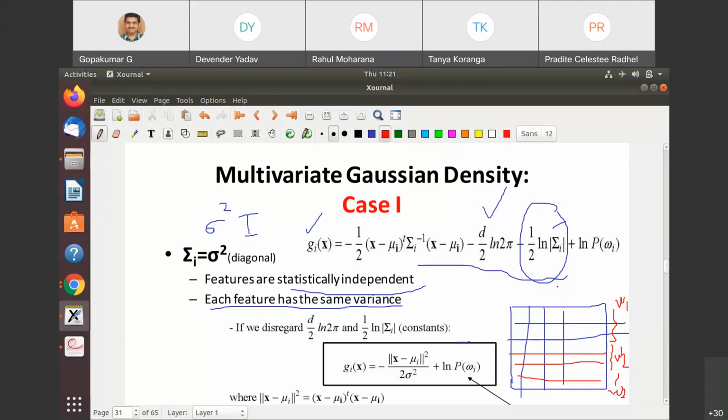In this particular case sigma is sigma square into I of this form, so this term is not significant for us, because it is going to be the same for g1 of x, g2 of x, and g3 of x. So we can ignore these two terms.